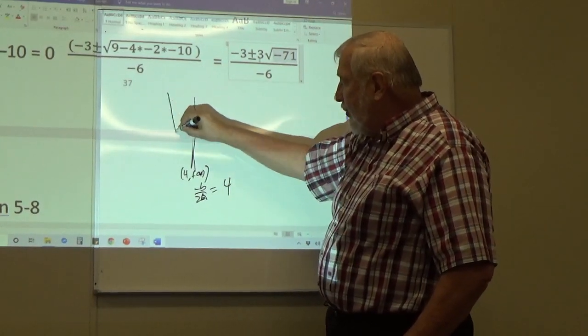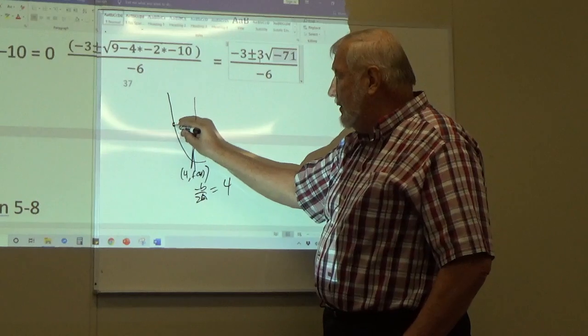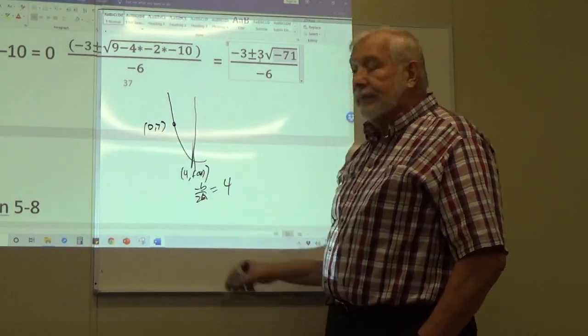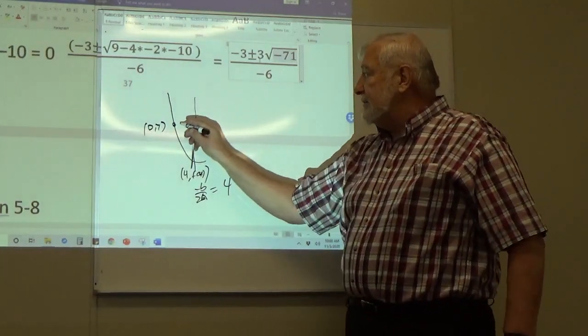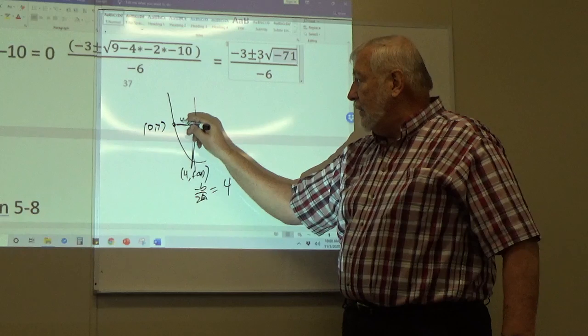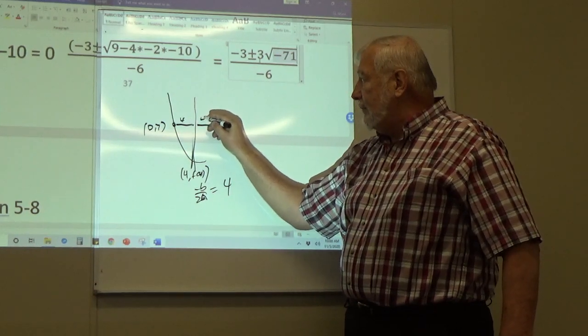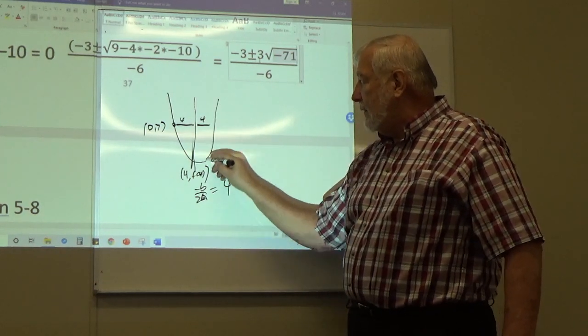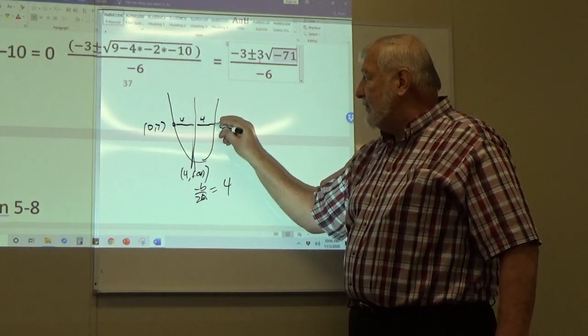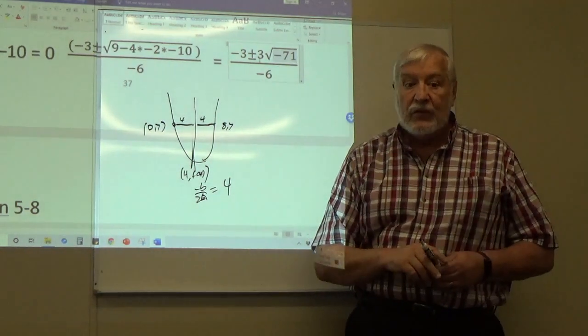If the graph goes through here, and this is 0, 7. Because this is the line of symmetry, this is 4. So if I go another 4, 8, 7 is also a point on the graph. All right, that's what we did.